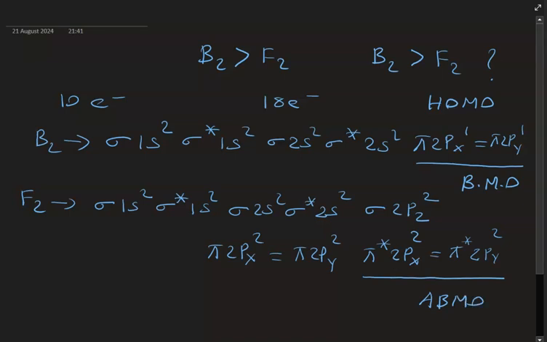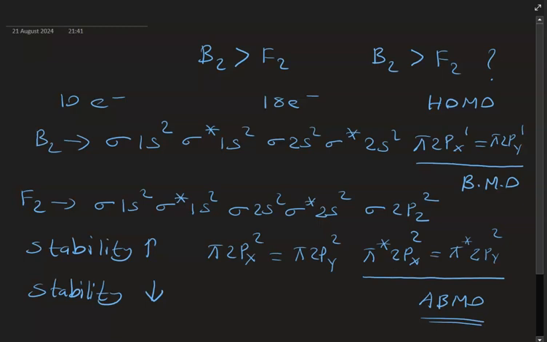And there is a concept that if the electrons are filled in bonding molecular orbital, stability will increase, and if the electrons are filled in anti-bonding molecular orbital as in F2, stability will decrease.